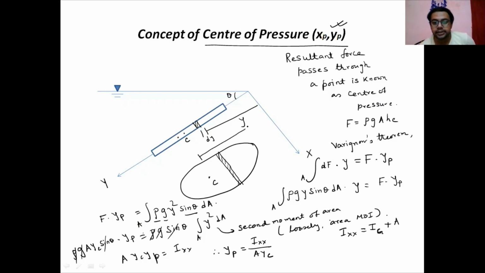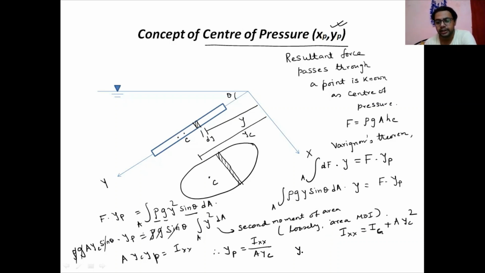We are considering initially the centroid to x-axis distance, that is yc. So A yc square. That is the parallel axis theorem.